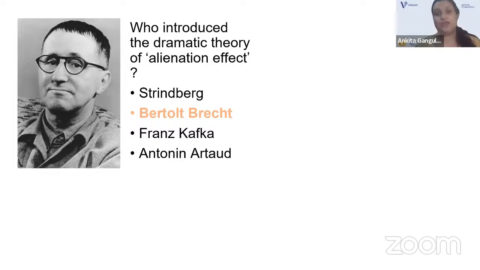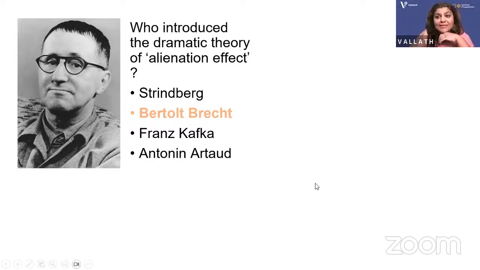That's why it is called alienation effect. That means there should be a distance between the audience and the stage. The audience should not be emotionally involved with the action on stage.